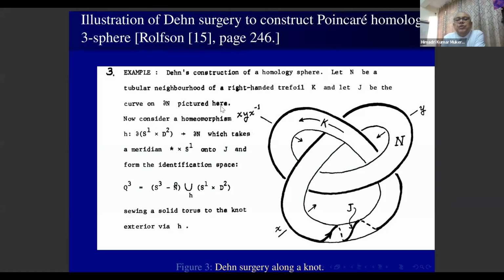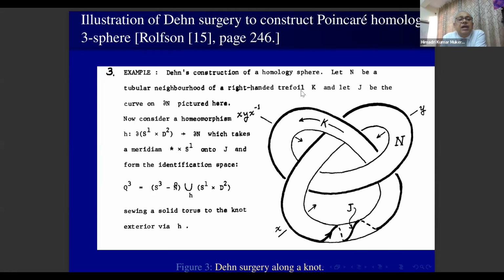This one I illustrate by Rolfsen's example. Look at this. Suppose you have the Dehn construction of a homology sphere. Let N be a tubular neighborhood of the right-handed trefoil knot. Suppose K is the knot and N is the tubular neighborhood of that knot. What I am saying is drilling: you take the knot, you drill out the knot, and you get a hollow tunnel inside this.